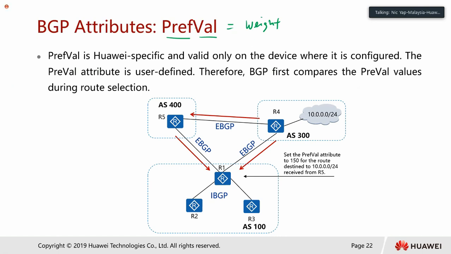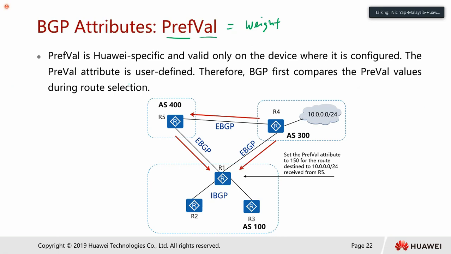Preferred value is Huawei specific and valid only on the device where it's configured. It's only locally significant. It's not related to others. You only compare on yourself, and this information does not influence others. So that's what we call local significance.